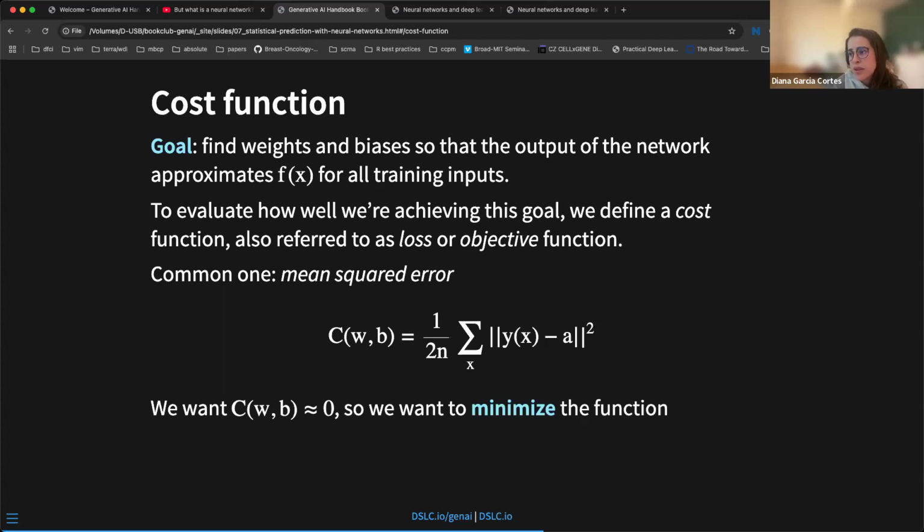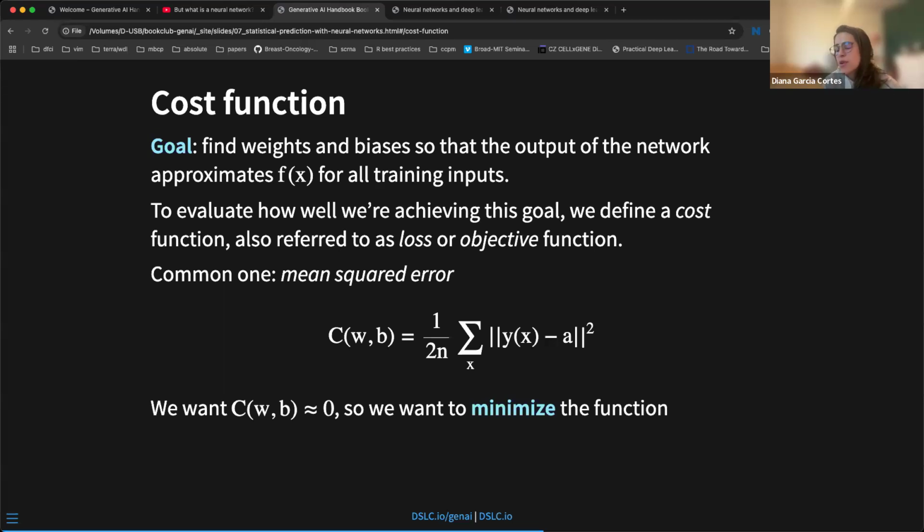It's very common to use the mean square error function. So that's the formula for the mean square error function. And our training process will be to minimize that function for our entire set of training examples.